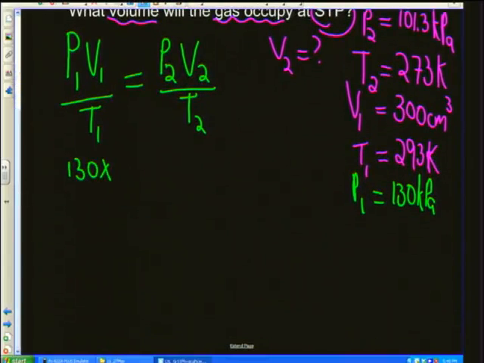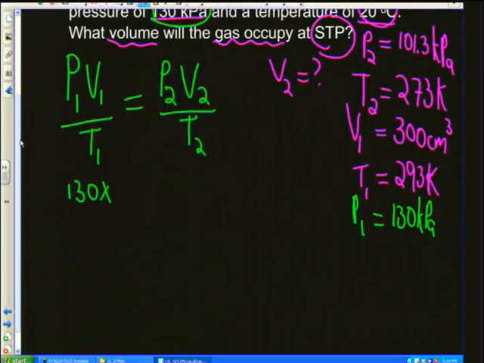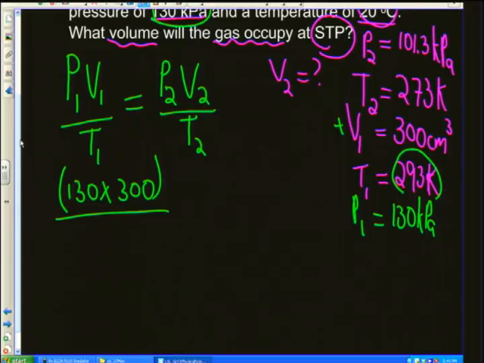So we'll say 130 times V1, and V1 is 300 cubic centimeters, divided by temperature 1, which is 293. That will be equal to pressure 2, the standard pressure, which is 101.3 kilopascals.